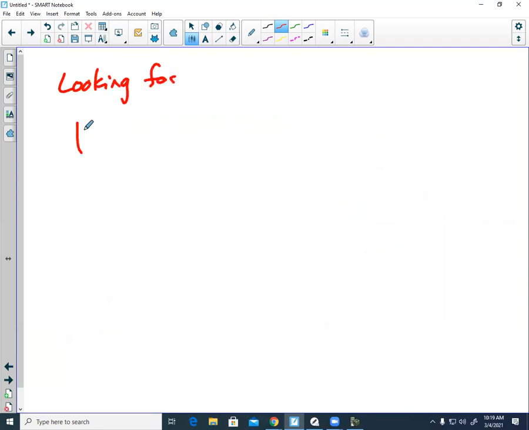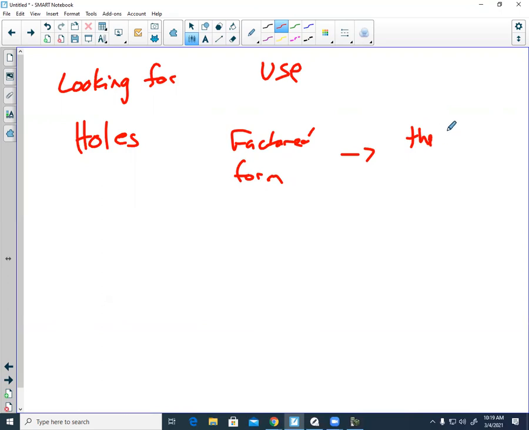If you are looking for holes, you use the factored form, and the holes are determined by the things that cancel, or would cancel, because we don't actually cancel them. It's just the things that would potentially cancel in the future. Okay? So if you're looking for holes, use the factored form.